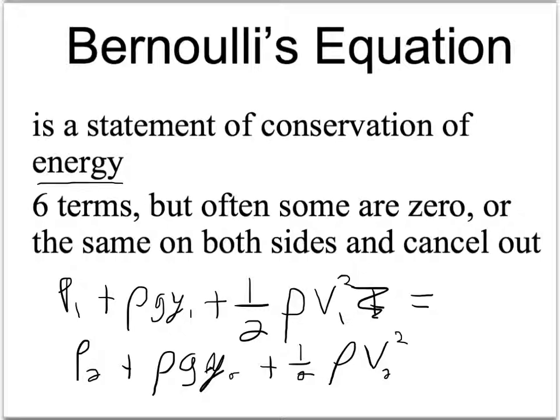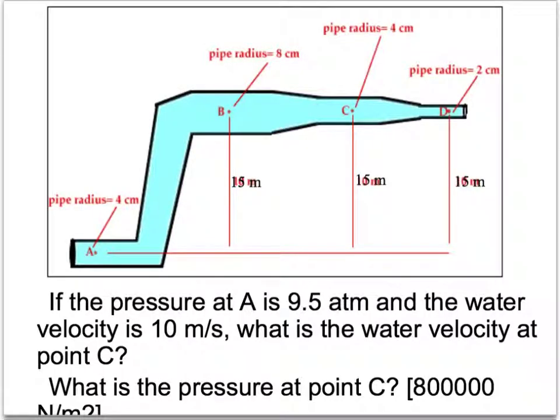So all of that, and often if the fluid stays at the same height the whole time, we just ignore the part about potential energy over volume. Often, also, things might just cancel out. So this can be an intimidating equation to look at, but often things will cancel out and it gets really simple. Here's the mathematical problem we're going to look at.